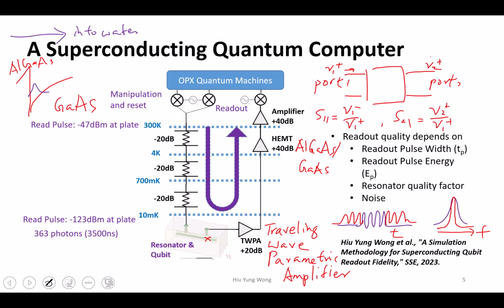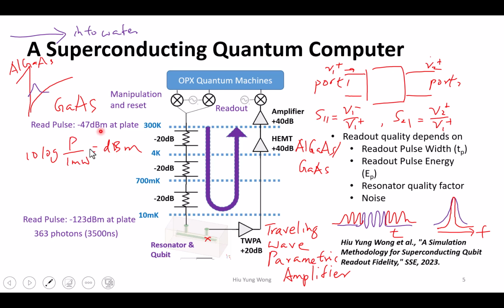What is dBm? It's just the power divided by 1 milliwatt, and then you take the log scale times 10, right? This is dBm. For example, if you have 1 milliwatt of power, then you have 0 dBm.